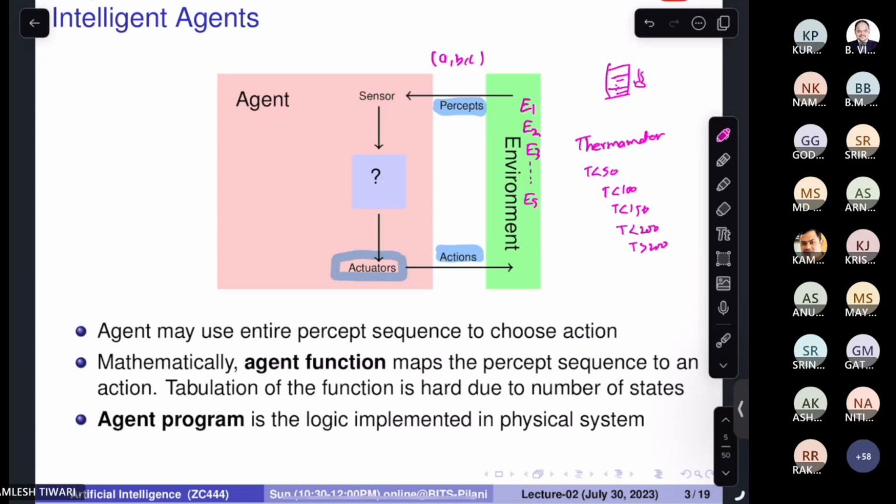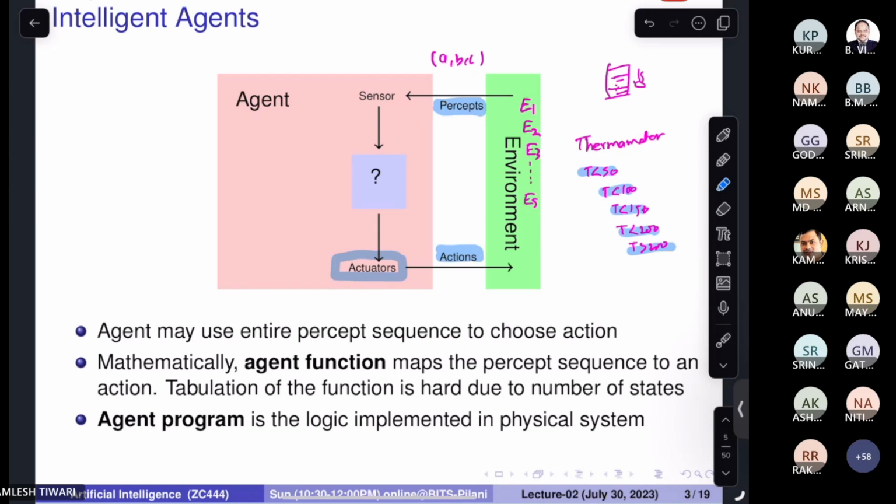Let's assume these are the different states that we can think of based on the percept. The thermometer is going to give you a reading, and the percept is how I perceive it. So these are the 5 percepts I can get.